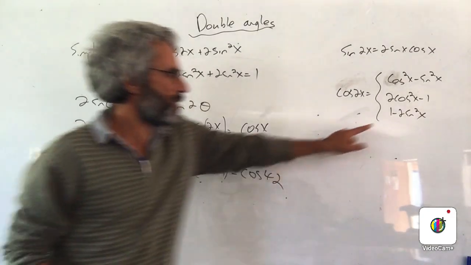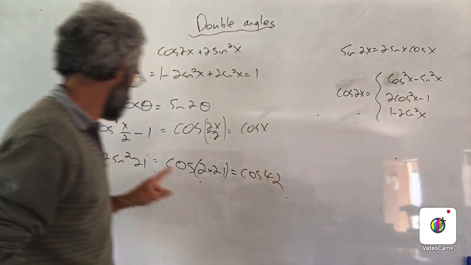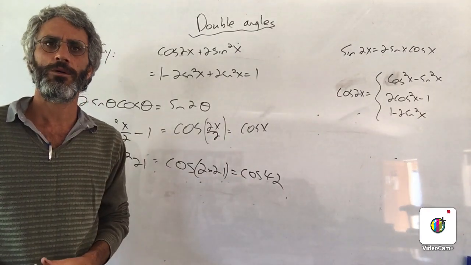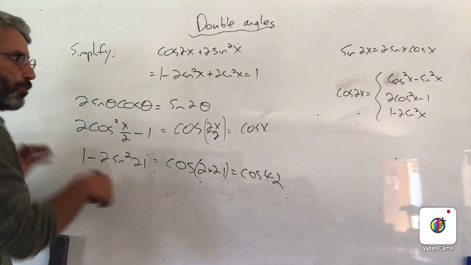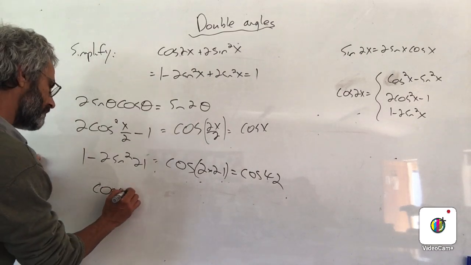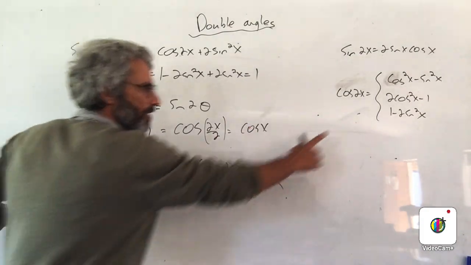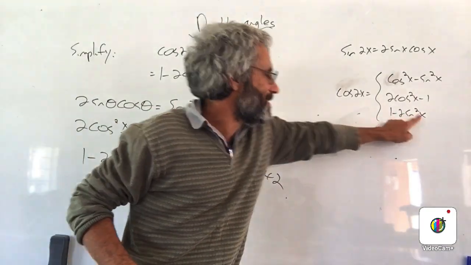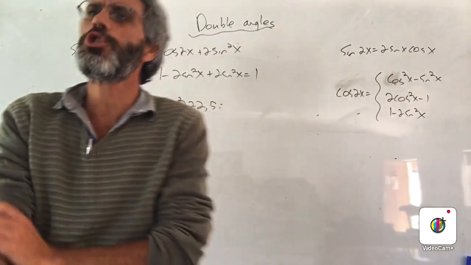If we have x here, we're going to have double x, 2x. So if we have 21 here, we're going to have 42. Why is it 2 times 21? Because this is working backward, which is more difficult. If I had cos 42, let's work forward, it's going to be 1 minus 2 sine squared 21. You see, we're working backward. If I've got x here, and I'm working backward, I must have double that.